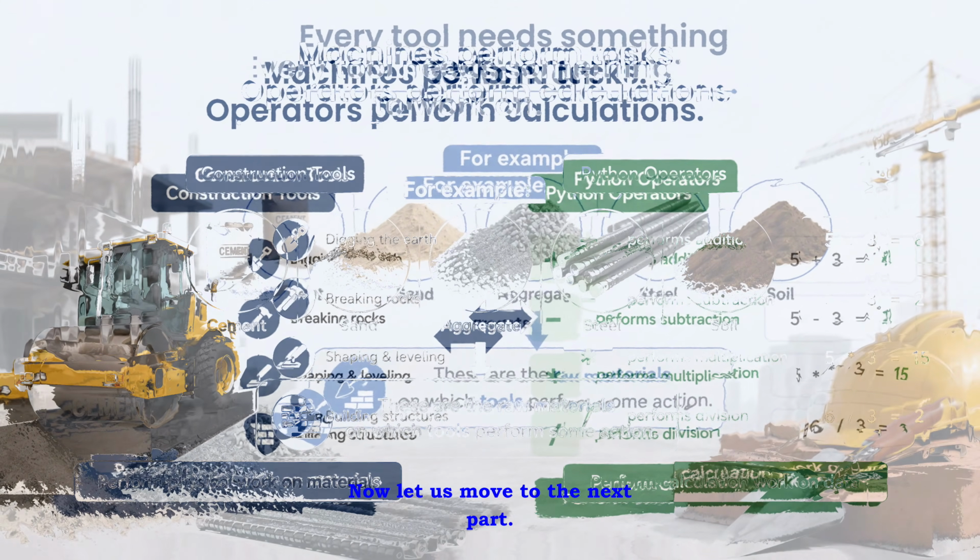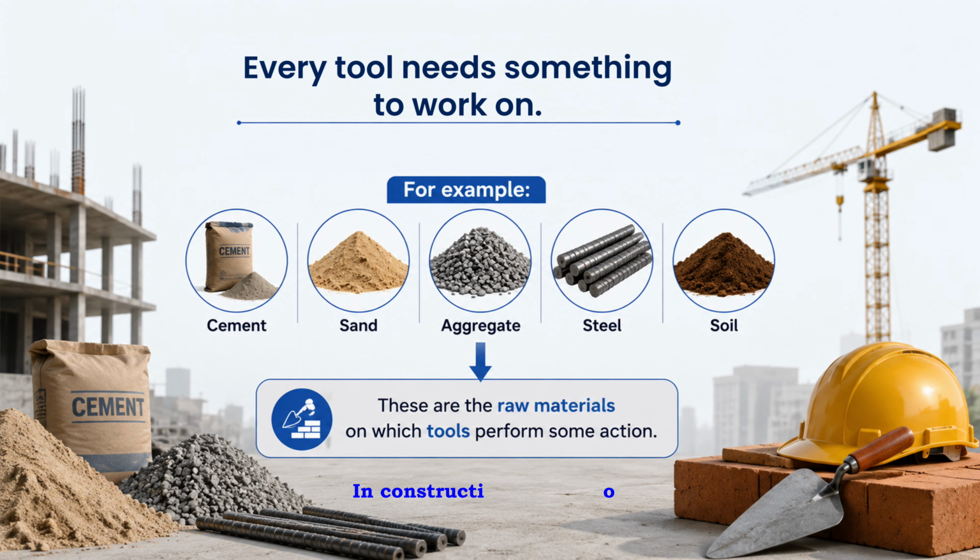Now let us move to the next part. In construction work, tools cannot work alone. They require some materials to work on. For example, cement, sand, aggregate, steel, soil. These are the raw materials on which tools perform some action.